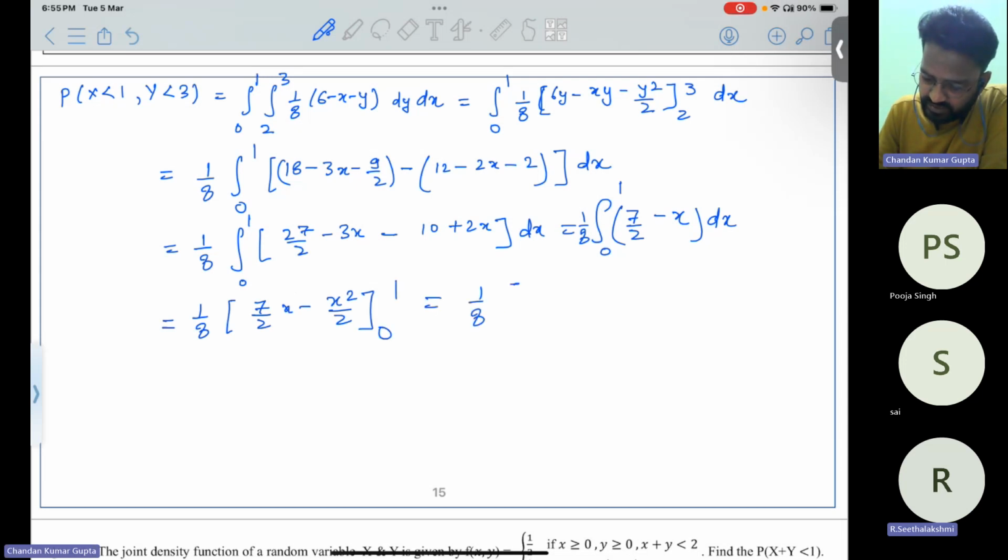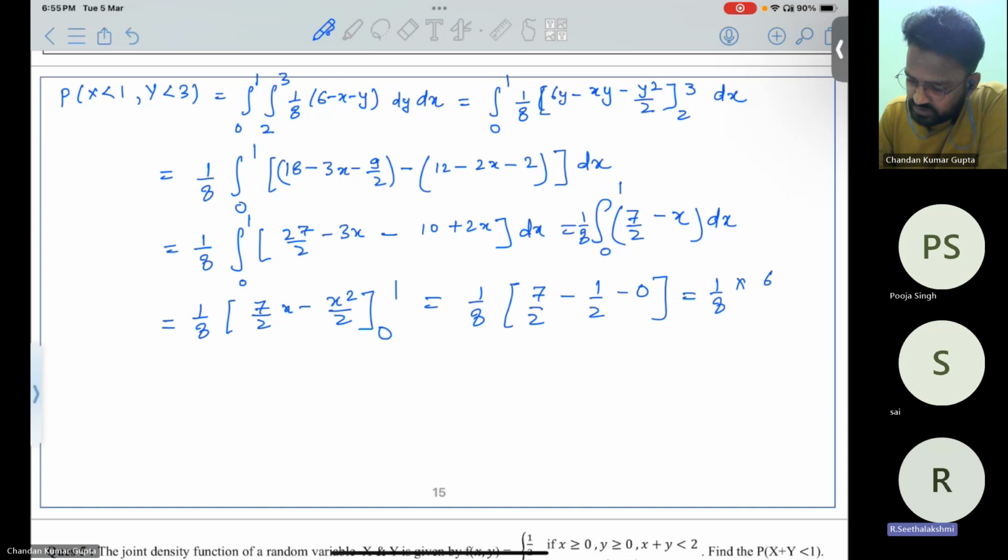It is 1 upon 8 (7 by 2 minus 1 by 2 minus 0). This comes out to be 1 upon 8 into 6 by 2, that is 3. So our answer is 3 by 8.